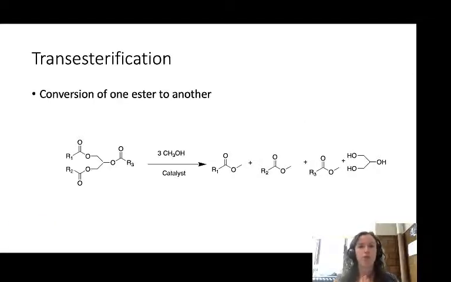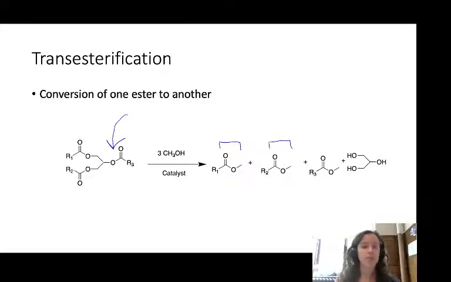This week, we're doing a reaction called transesterification. Basically, we're converting one ester to another ester. Hopefully, we all recognize the functional group here as an ester, and all of these are esters as well.